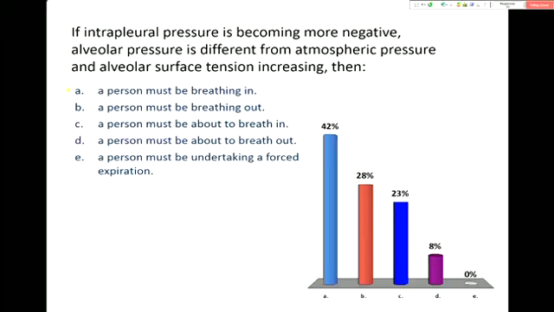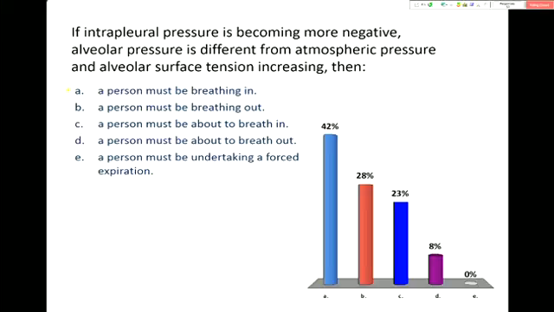Look, as I said, you could look at any of those. So let's look at maybe the middle one first, just because it suits me to talk in this order. Alveolar pressure is different from the atmosphere. So if alveolar pressure is different from the atmosphere, what must be happening? Air must be flowing.